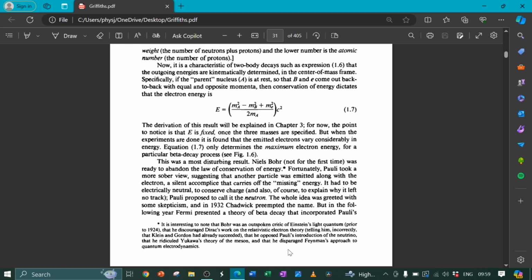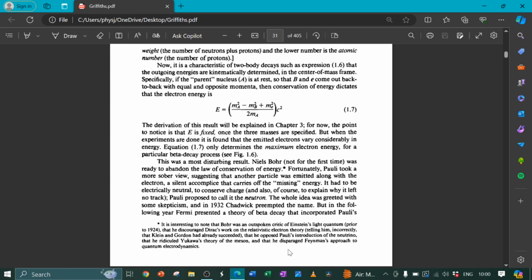Fortunately, Pauli took a more sober view, suggesting that another particle was emitted along with the electron, a silent accomplice that carries off the missing energy. It had to be electrically neutral to conserve charge, and also, of course, to explain why it left no track. Pauli proposed to call it the neutron.